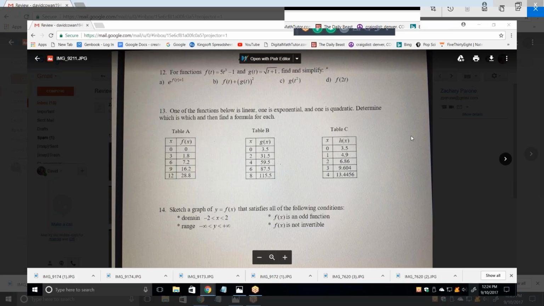Okay, how about the second one? Add the first function with the second function squared. What's the first function? 5t cubed. And then add to it the second function squared. T plus 1.